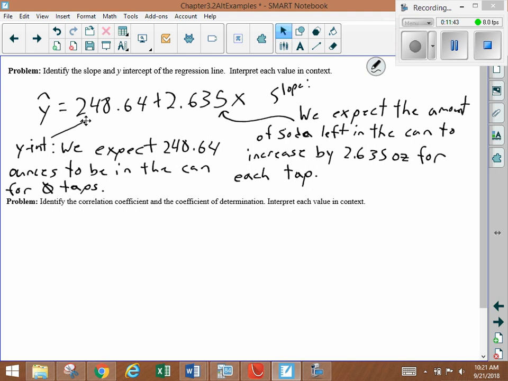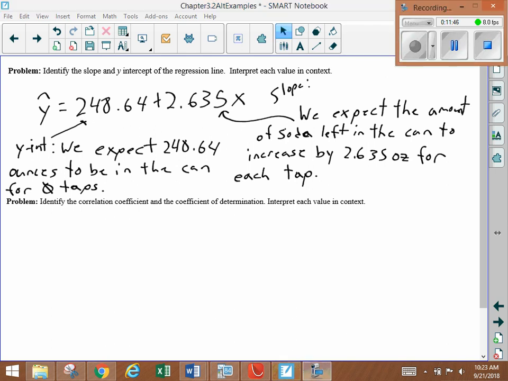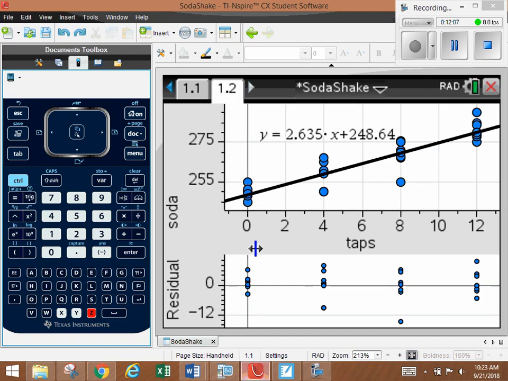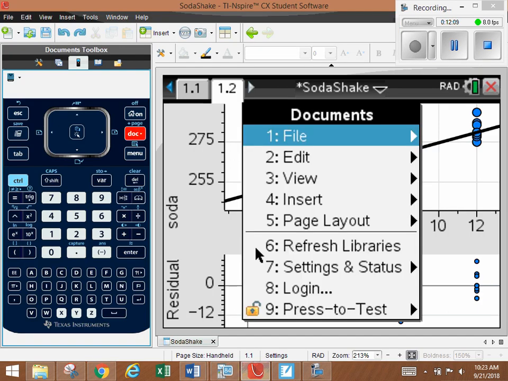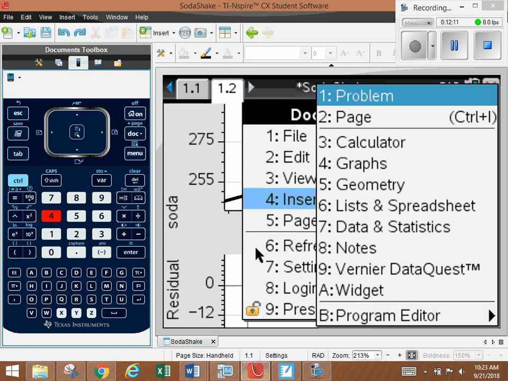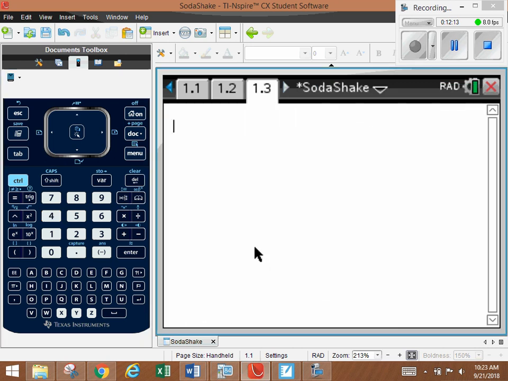Now, all right, so let's identify the correlation coefficient and coefficient of determination. Where is that information? My calculator hasn't told me yet. Let's make it tell us. So remember, I told you can get the least squares regression line from the graph, from the data and statistics page. We can also get it from a calculator. So let's insert a calculator.